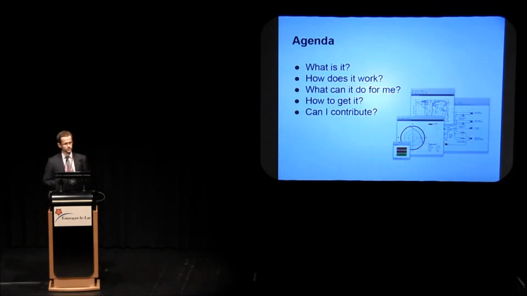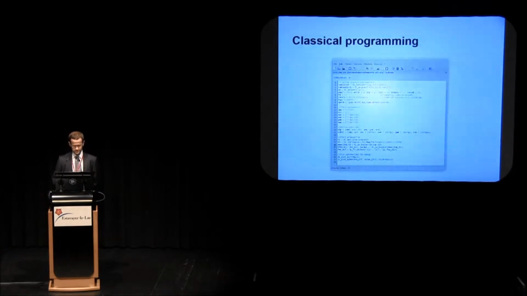The usual way to do that is by writing a computer program. And I've learned that there are at least two ways of writing computer programs. The first of them is classical programming. This is a very simple computer program I wrote that does a very simple orbital simulation.